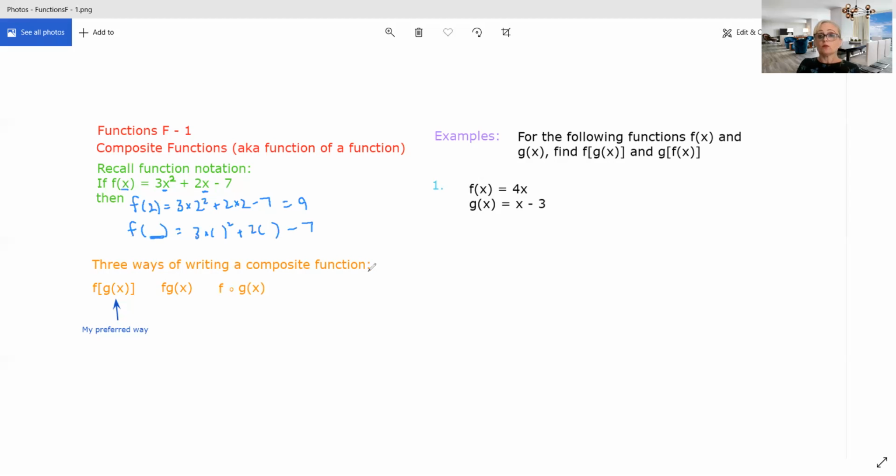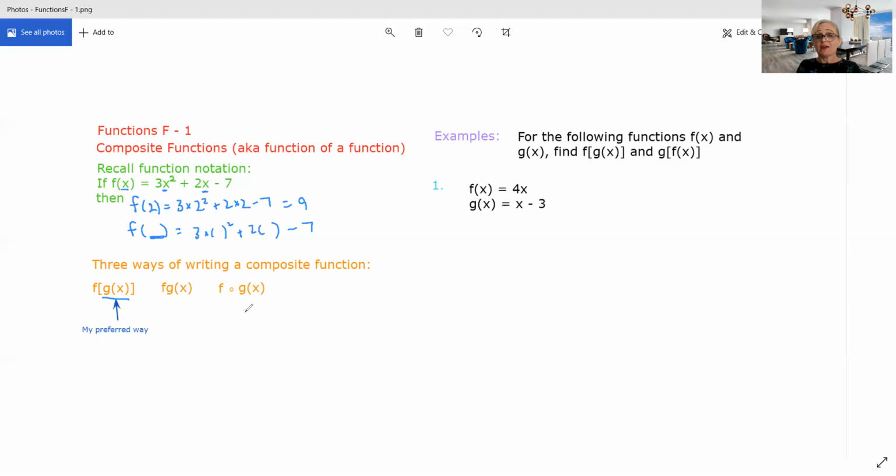There are 3 main ways that I've seen people write a composite function, f of g of x. My preferred way is the first way because it really sort of points out the fact that you're subbing in g of x in place of x. Some people use fg of x.